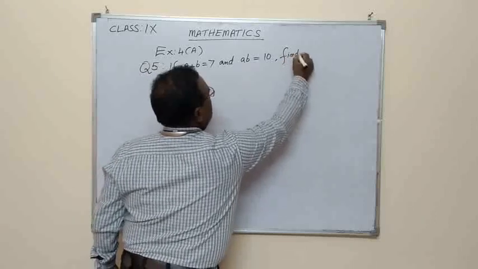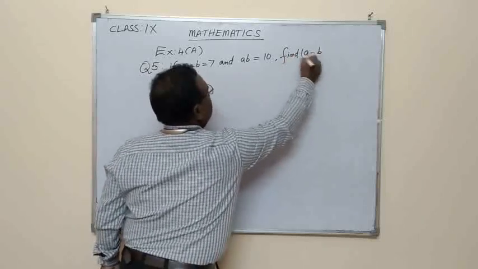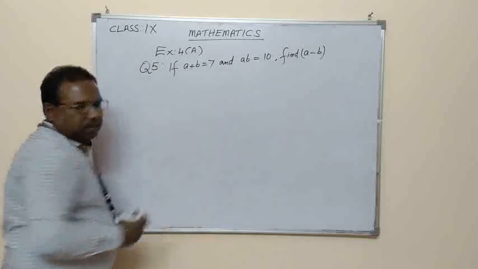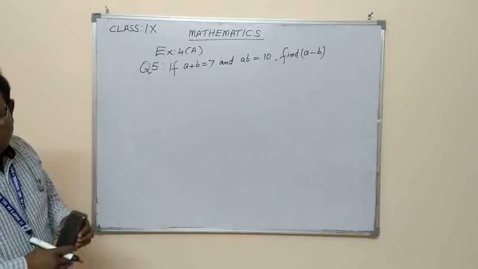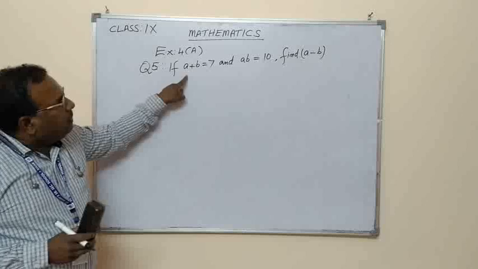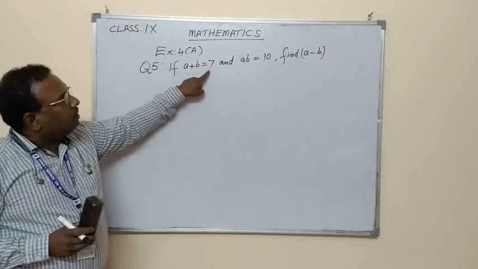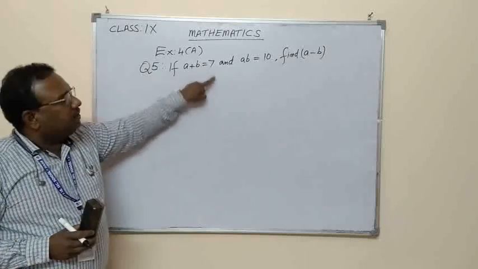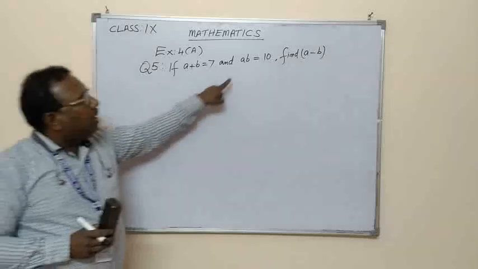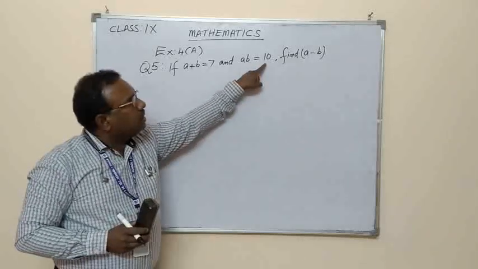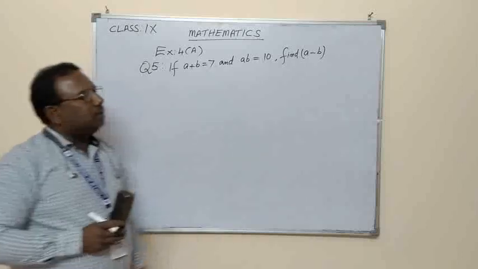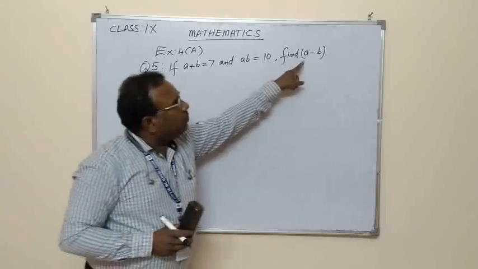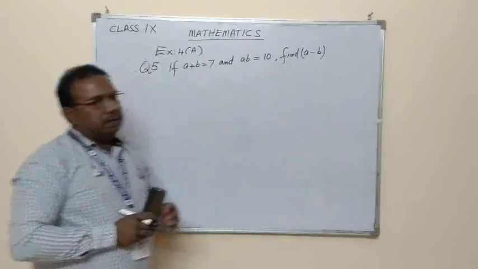Find A minus B. Please read the question. A plus B is equal to 7, this value of A plus B is given in the question, and the value of AB is equal to 10, given in the question. We are asked to find A minus B.